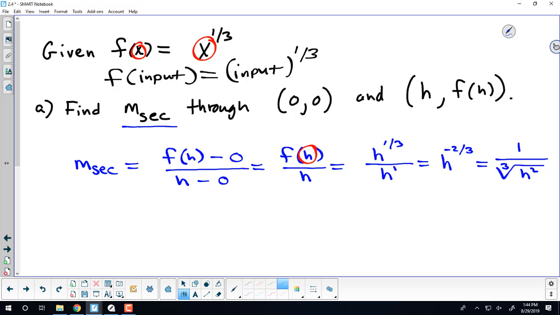Okay, great. What does that even mean? Well, we know it's the slope of the secant line between these 2 points, 0, 0, and h, f of h. But again, what is that really?